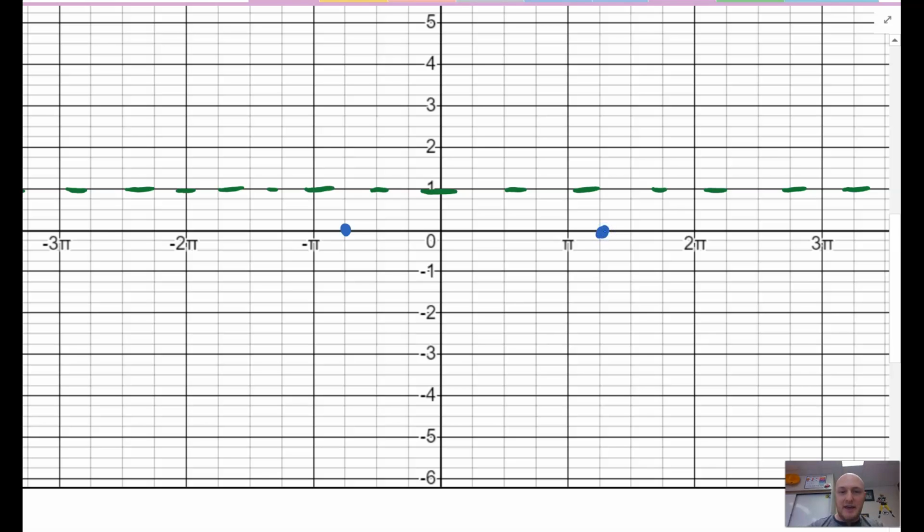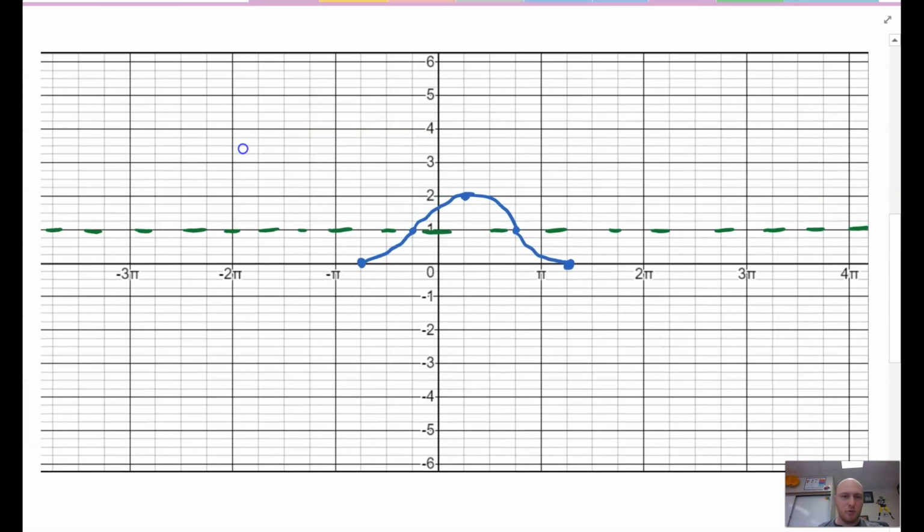Then halfway between, we're going to have our maximum, and in between that, we will have our midline points. So there we go. And here is 1 wave or cycle. Now we can just go ahead and repeat that.